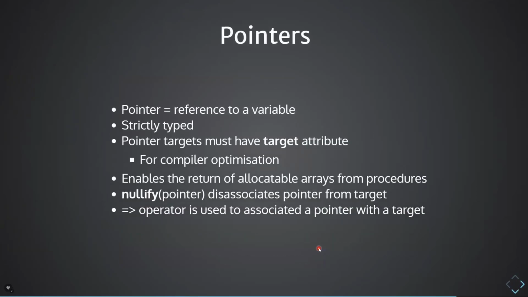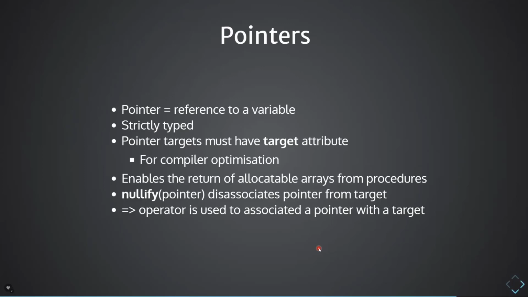Pointers I will go through quite quickly. It's a very complicated subject, and I have a chapter on that in my book as well. But basically, a pointer is a reference to a variable. And in Fortran, pointers are strictly typed. You also need to specify the attribute target to be able to assign pointers to a pointer.